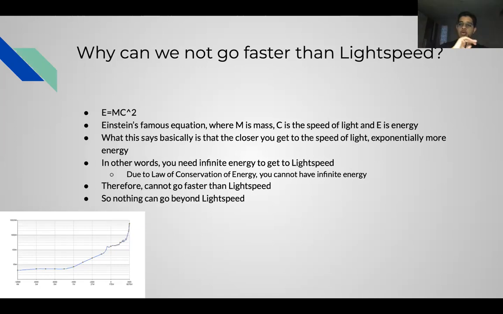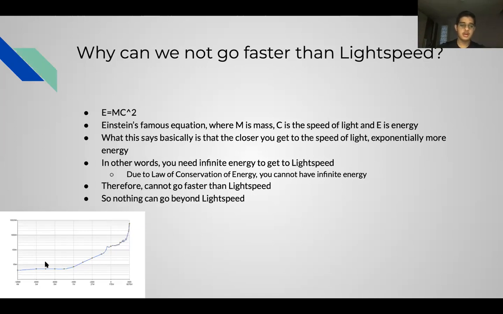And because of the law of conservation of energy, which states that energy cannot be created or destroyed, only transformed from form to form, you cannot have infinite energy because there is no place where you can draw infinite energy from. Therefore, you cannot go faster than light speed, period.